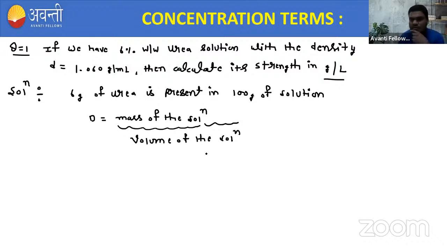So can we calculate the volume from this equation? Yes, we can calculate. So volume comes out to be, what is the mass of the solution, beta? Total mass of the solution is nothing but 100, right? And what is density?